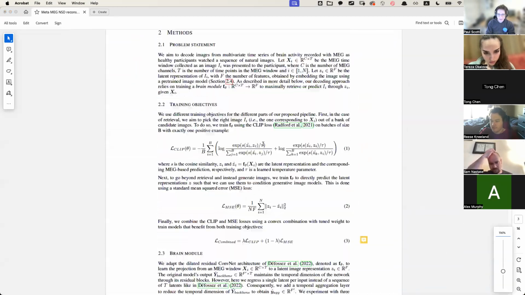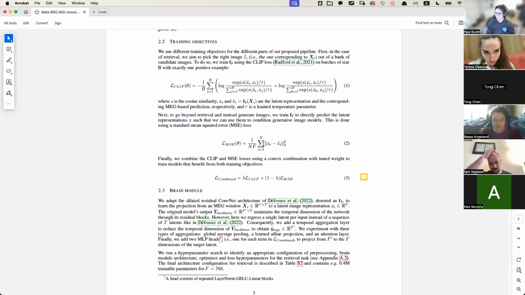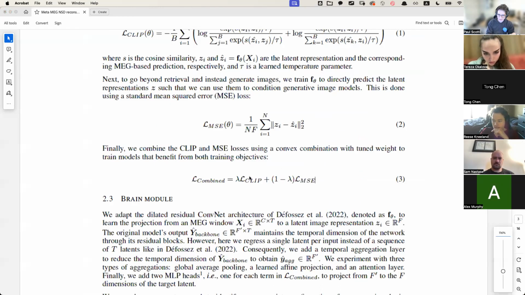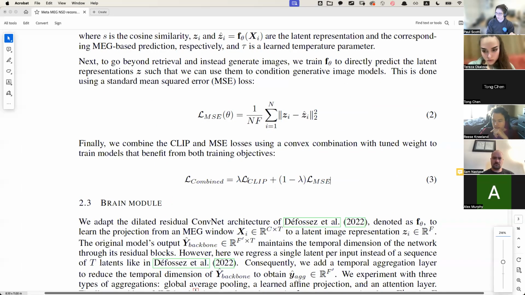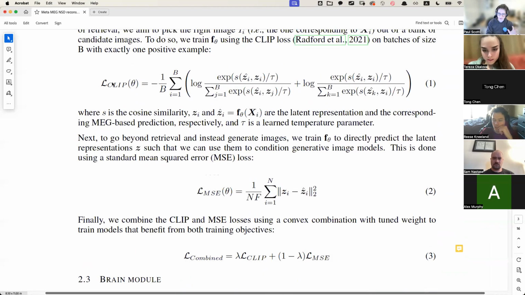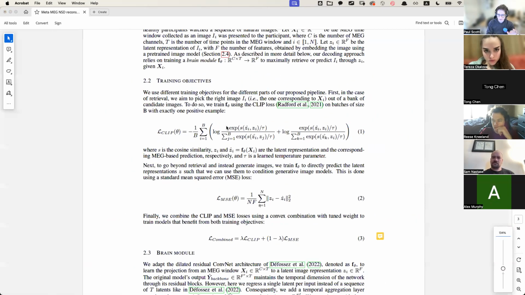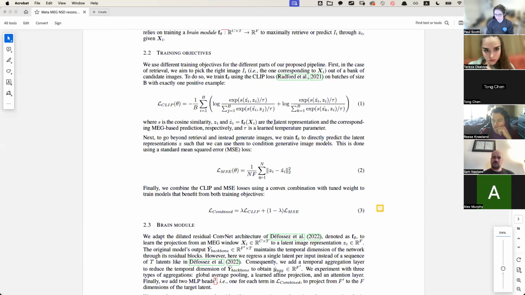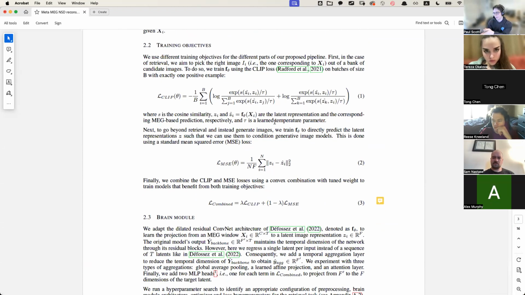So I believe actually that they train the model separately, once for retrieval, once for reconstruction. And so it's a little bit misleading. They don't actually combine it in this way. It's either just the pure clip loss or just the pure MSE loss, I believe. But yeah, the MSE is for reconstruction so that they can just directly pipe the output through versatile diffusion, which is a generative model that outputs images given a clip image embedding.